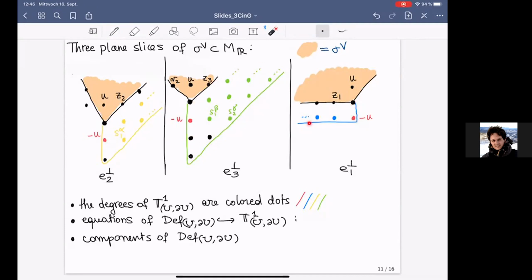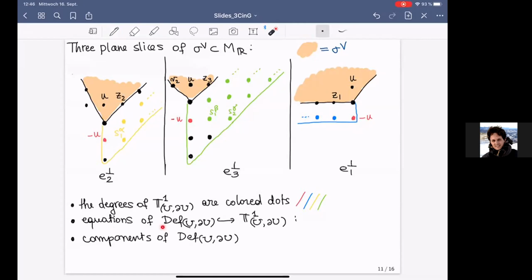And then the blue one, the similar one for E1. And then here I colored some dots. Actually, the degrees of this representation, which is the tangent space of the deformation functor of U with the boundary, are exactly these colored dots. So the red, the yellow, the green, and the blue.